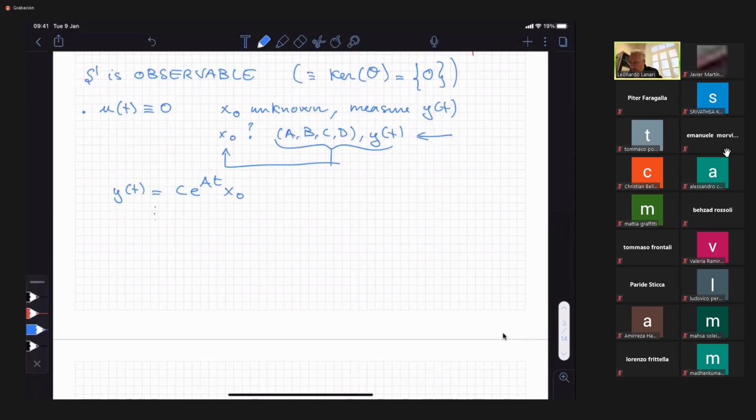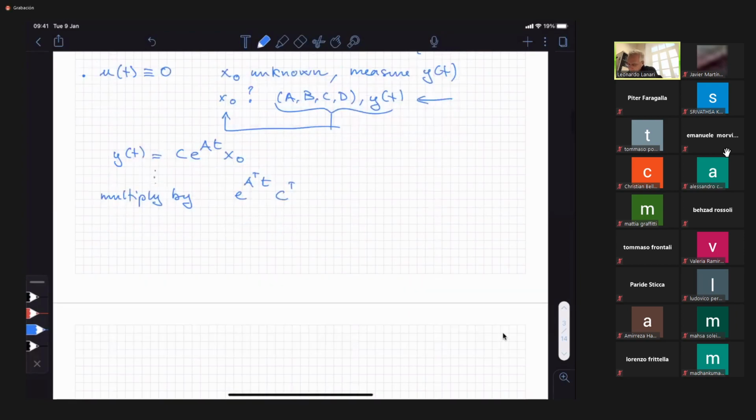We could, let's say, pre-multiply by this strange matrix, which is e to the A transpose t C transpose on both sides.